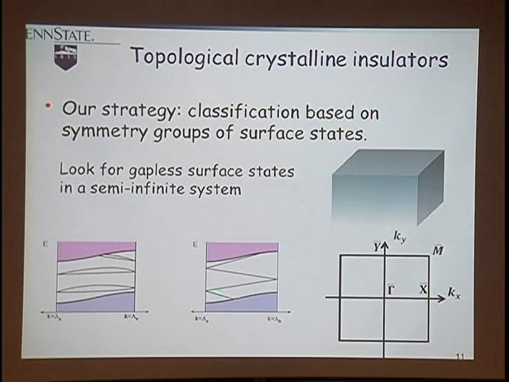So we directly look at this type of surface state. For a 3-dimensional system, the Brillouin zone is 3D, and now we are looking at the 2-dimensional Brillouin zone, and trying to see what type of surface state Fermi surface can exist in the 2-dimensional surface Brillouin zone.